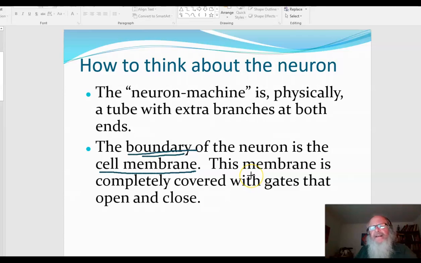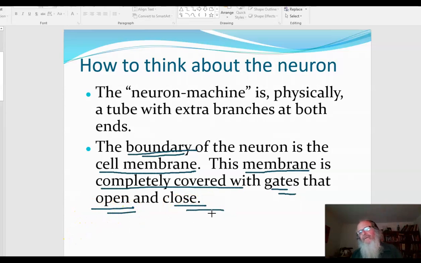And one of the things that's going to be important to keep in mind, especially as we get into the next presentation, is that this membrane is completely covered with gates that open and close. So it's a defining boundary, but it's got openings and closings.